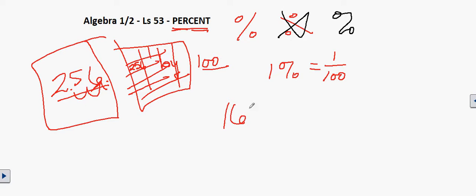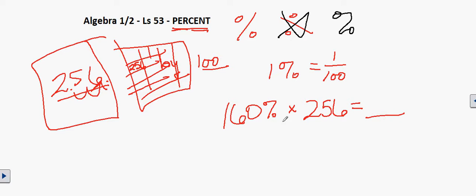So if it says 160% of, which we know means times, 256 is, which we know as equals sign, (160% of 256) would be, well, we don't know yet.